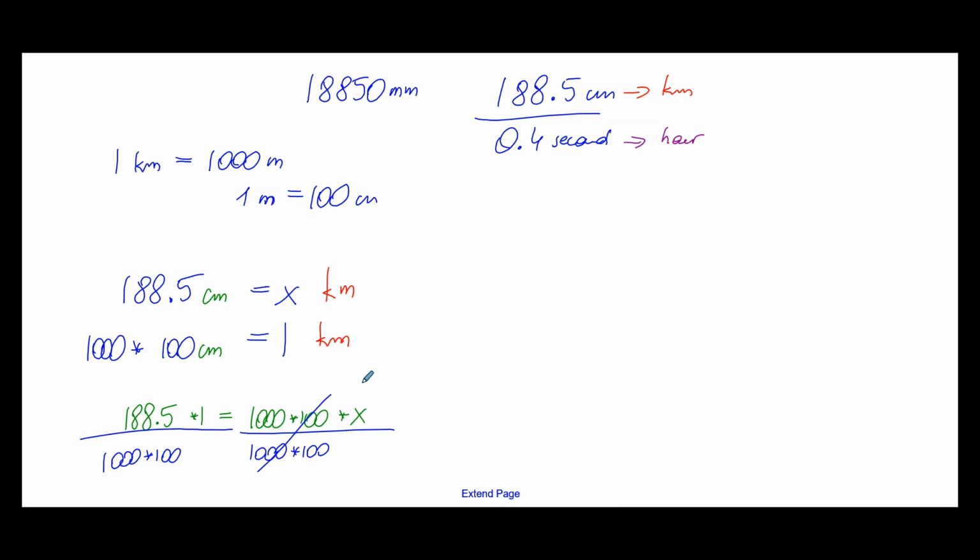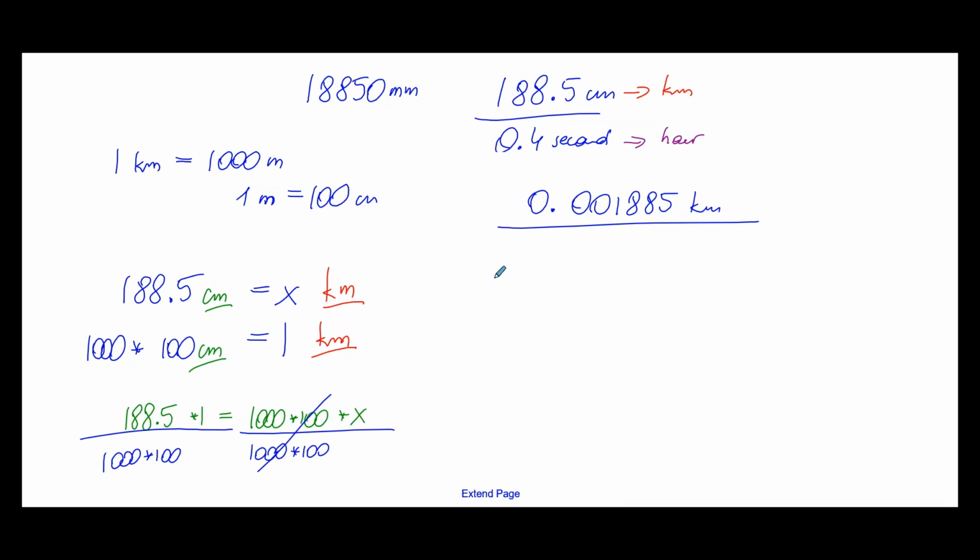The main idea with conversion is that sometimes we multiply and sometimes we divide. With this method, you don't really have to think, do I divide or multiply? You just follow it. The main thing is to compare like with like. Now that gives me the measurement in kilometers, which, when we put that in the calculator, is 0.001885 kilometers.